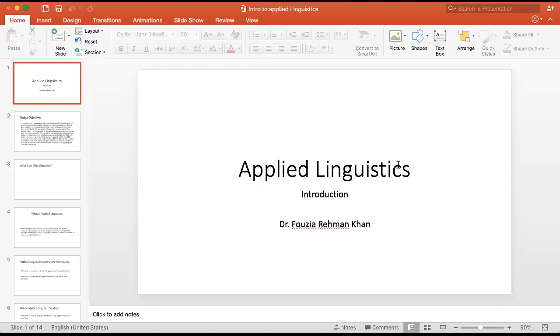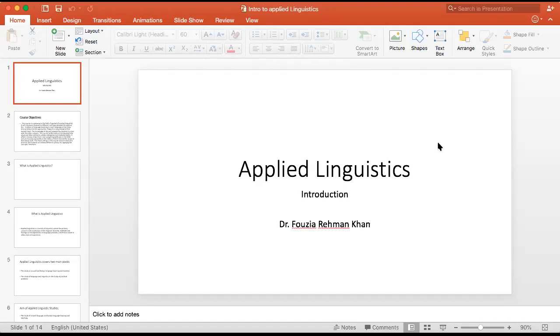Okay, there have been a number of definitions of applied linguistics. Many of these definitions only take language teaching, testing, and syllabus designing into the domain of applied linguistics.